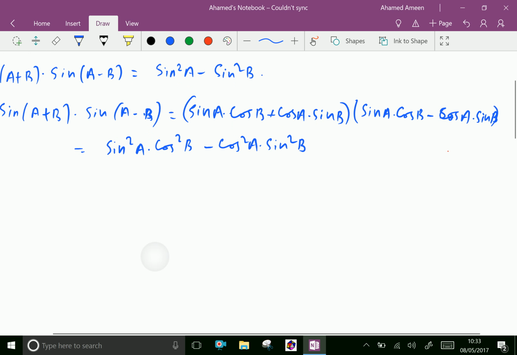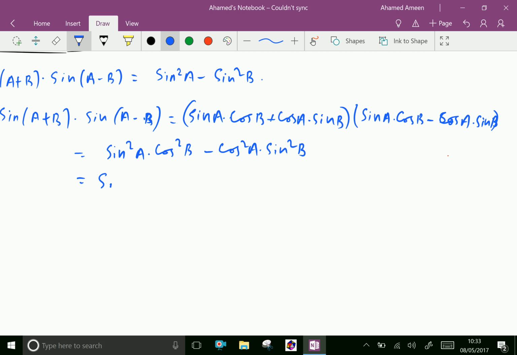Write sin squared a into cos squared b, we can write as 1 minus sin squared b, minus, write sin squared b as it is, instead of cos squared a, we can write as 1 minus sin squared a.